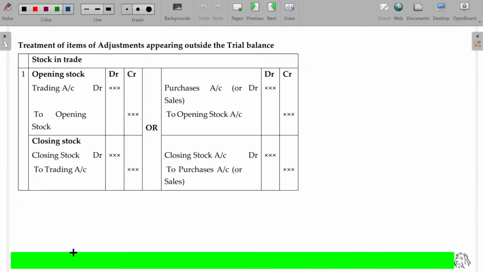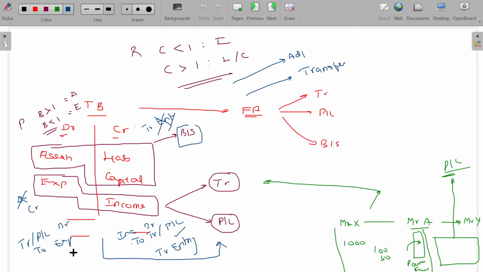Now, what sort of adjustments may be possible? What are the things to be studied here? Let's see. Number one. In this class, I am going to teach you how to finish a basic illustration with closing stock. Closing stock based adjustment. One is we solve in the usual model, applying the transfer entry model.